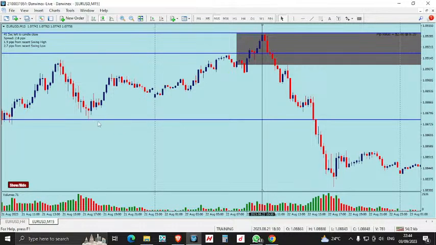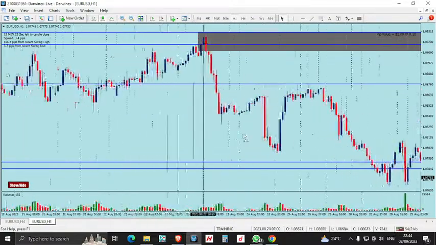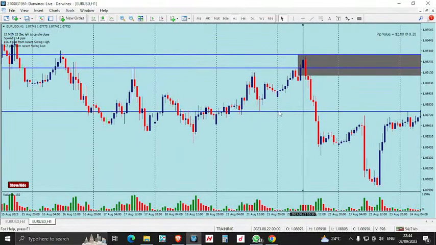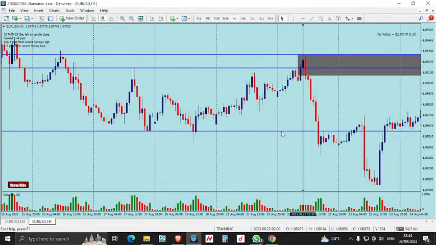The next swing low, okay, since we are trading with 15 minutes, we now go to 1 hour to check where the next swing is. Okay, based on our 1 hour, the next swing low is somewhere here. Good. So we are risking $13, for example, and we are targeting here is 1.0856.